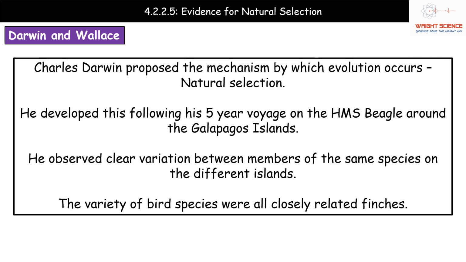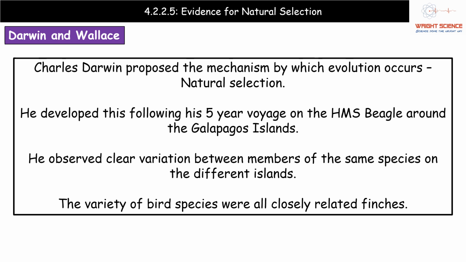Now, what he was doing as he was travelling around the Galapagos Islands on the HMS Beagle is he was making a lot of very detailed observations. So at each port of call, he'd get off, he'd have a look at these different creatures on the island, and he'd make very detailed sketches, he'd collect samples, and he'd make a lot of notes on what he saw there.